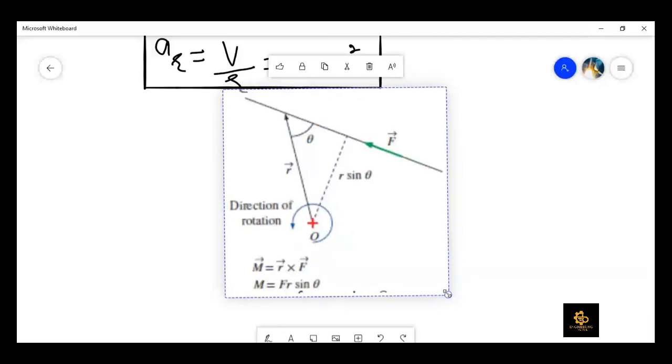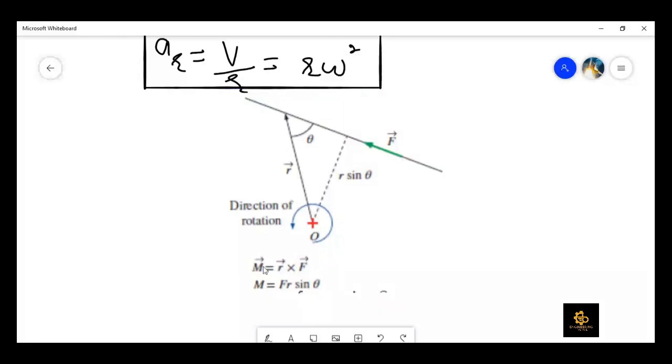Let's suppose that we are talking about a body in which the force is acting in the tangential direction, right? The perpendicular distance between that force and the axis of rotation is r, and the force makes an angle theta with that perpendicular distance. Then if we want to calculate the torque, it is represented with M here, and it is equal to r, which is the moment arm, cross force.